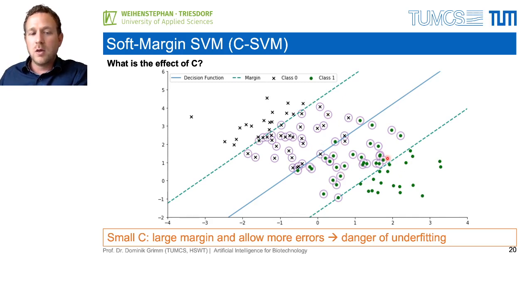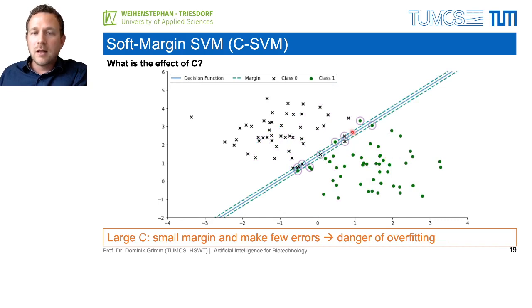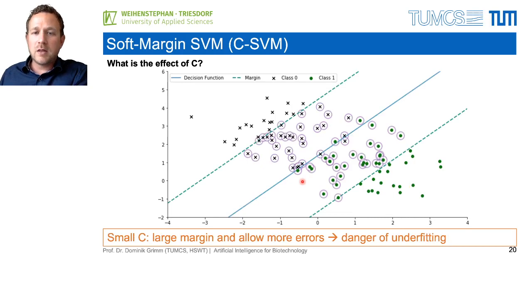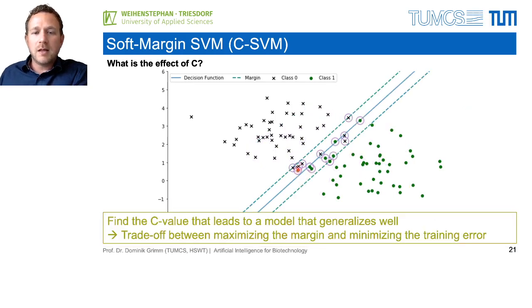If C is too large, then we make only a few errors on our training data, and our margin is small, which then leads to the danger of overfitting. So what we would like to find is the optimal C value that leads to a model that generalizes well on unseen data. We would like to find a trade-off between maximizing the margin and minimizing the training error. That's the trade-off that we have to find.